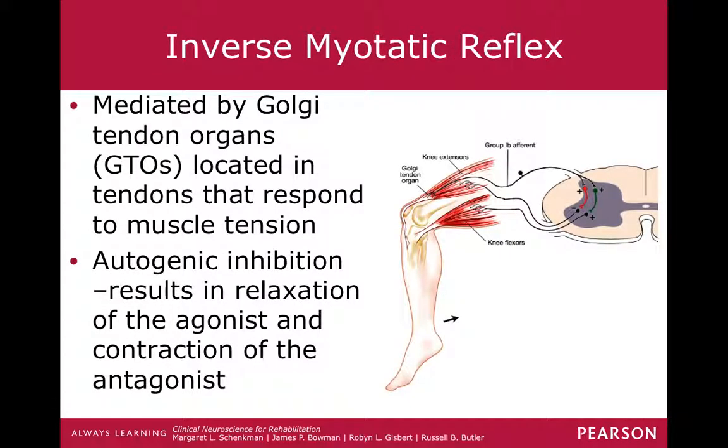Then there is the GTO reflex, also referred to as the inverse myotatic reflex, mediated by Golgi tendon organs, located in the tendons and responding to muscle tension. This reflex involves autogenic inhibition and results in relaxation of the agonist and contraction of the antagonistic muscle.